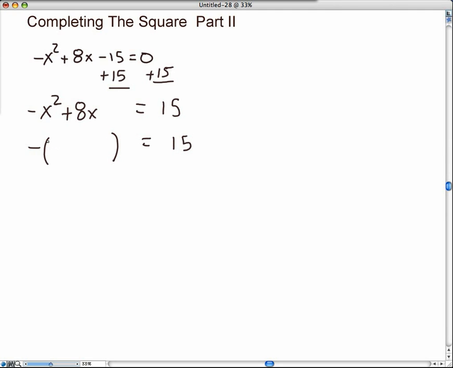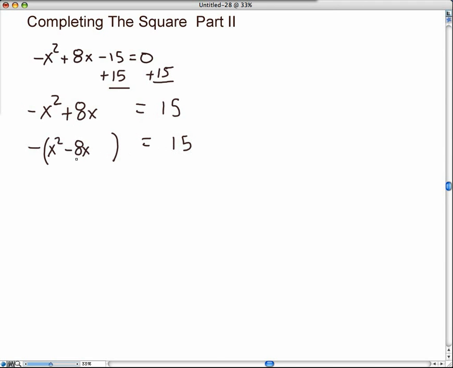Okay, so when I take out a negative from this, I'm going to have an x squared here, and negative times x squared is negative x squared. Negative times something gives me 8x. Well, that's going to be a negative 8x. It's blank here. And we have the 15 over here on the right.